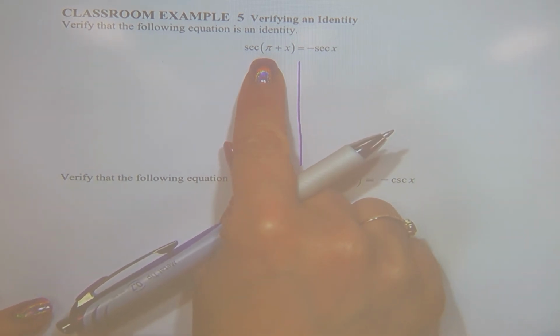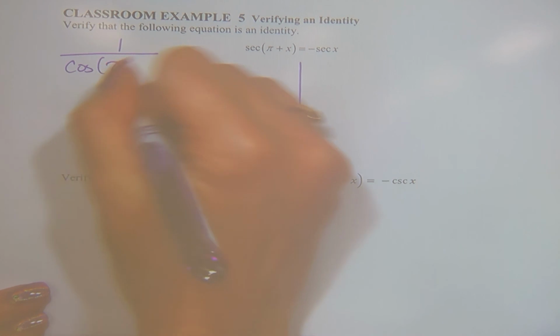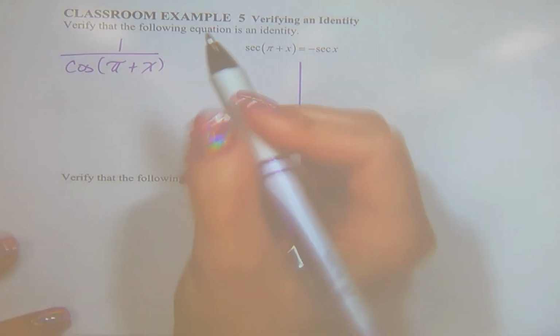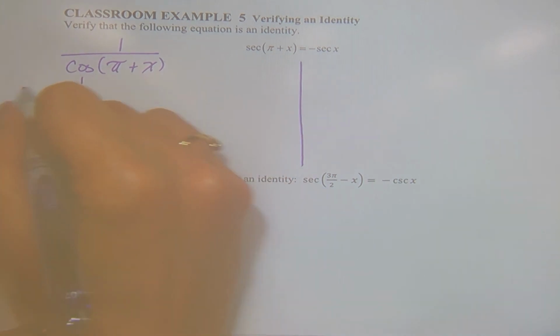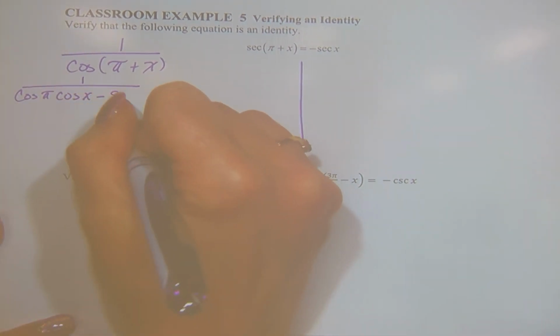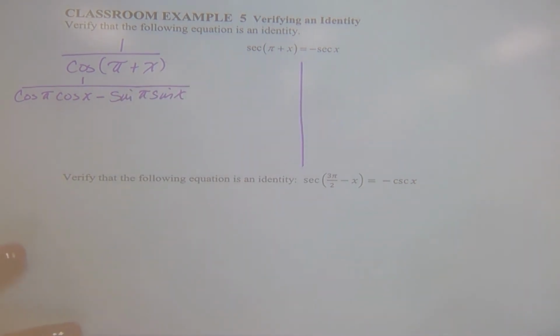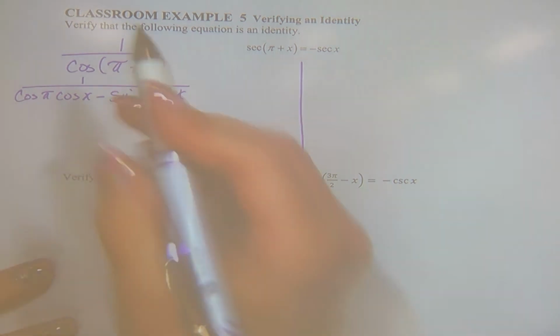I do not have a secant sum identity, but I know that secant is the reciprocal of cosine, and I have a cosine sum identity. So here we go. 1 over cosine pi cosine x minus sine pi sine x. That's my cosine sum identity. Fill in what you know.